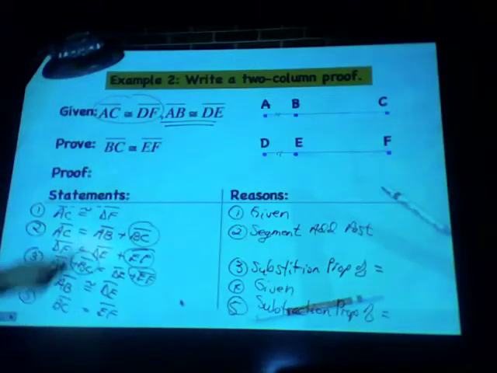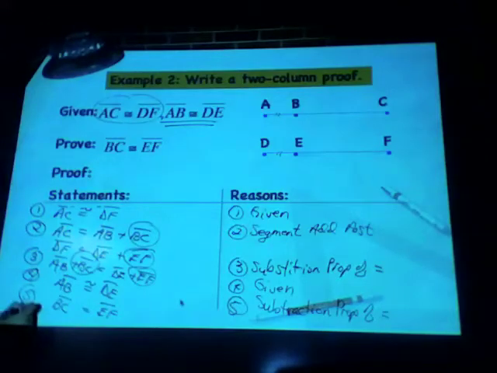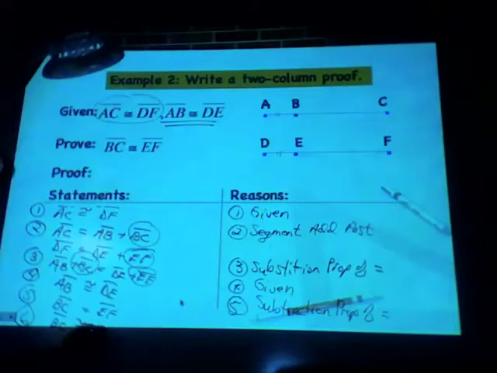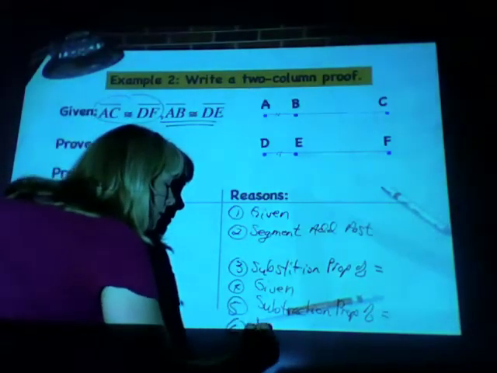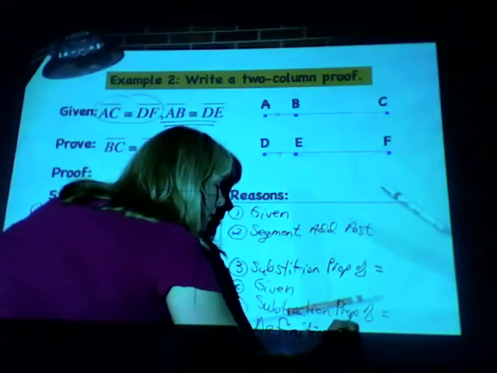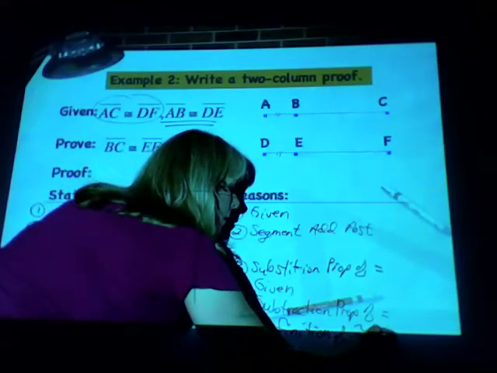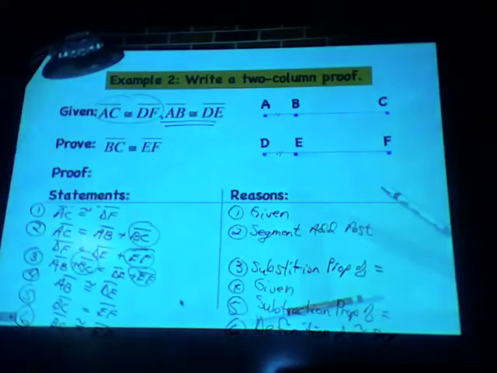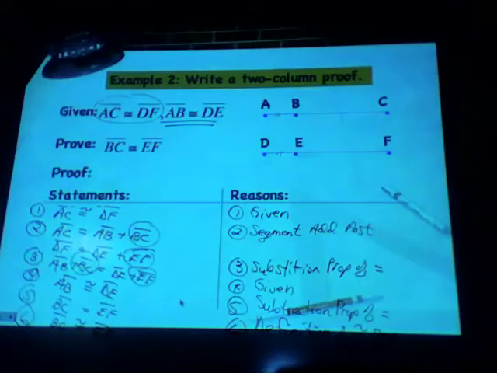We only have one more step left. How do I go from here to that final statement? Because I can. Yeah, what says I can change the notation to congruence? Definition of congruent segments. The definition of congruent segments.